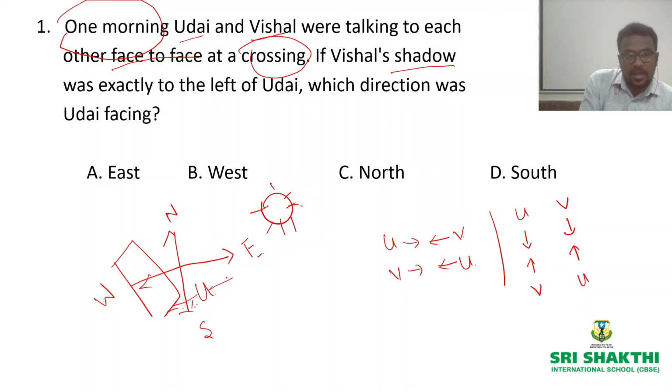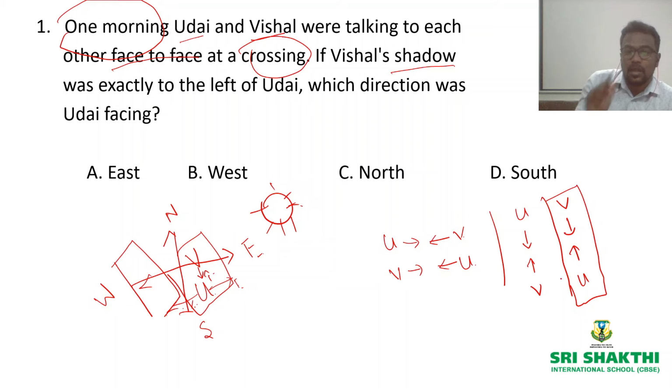And Uday's right hand is in the east direction, which means, with the first sentence, Vishal is facing opposite to Uday, and this will be the position where these two people are standing. So we can go with this particular option, the fourth option, which we have written over here.